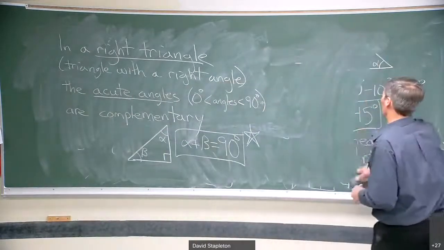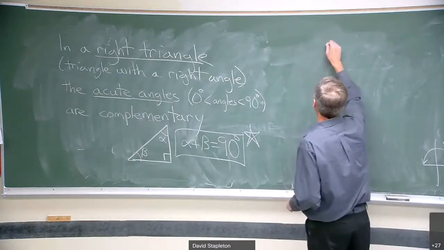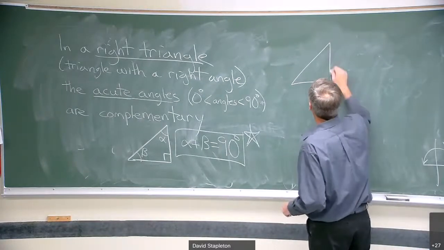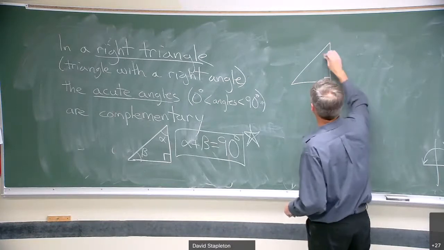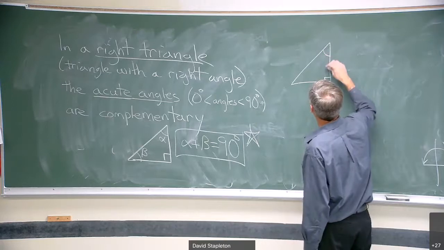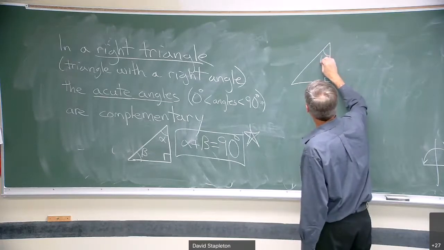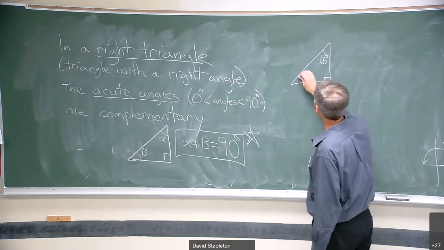So an easy thing that's going to come up when we're solving a triangle is I'll get all but one angle in an oblique triangle, a non-right triangle, or I'll get a right angle and another angle, maybe that's 65 degrees, not drawn to proper proportions here.